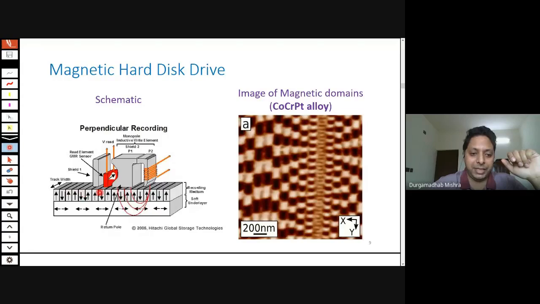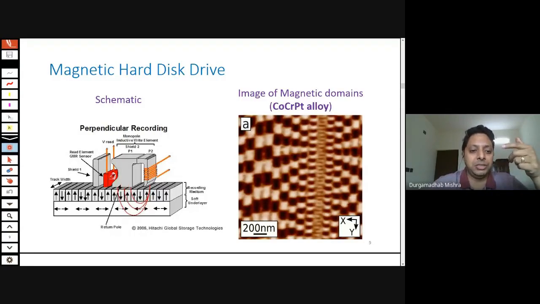This top layer is magnetic, and this whole part is your read and write head, the head that carries some material which can read this information, and also contains the part which can write the information.